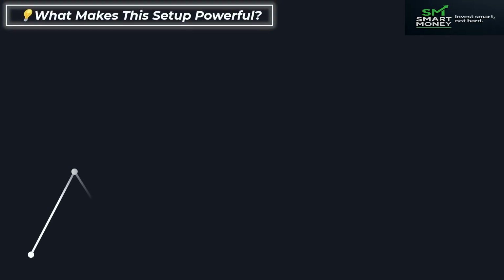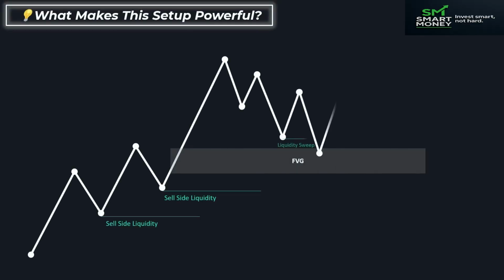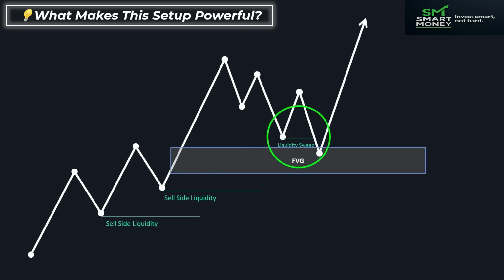The logic behind this setup is simple, but extremely effective. The real edge appears when the market sweeps liquidity and mitigates a fair value gap at the same time. When price takes liquidity near a key level, such as a swing high or swing low, while also filling a fair value gap, it removes two major sources of pressure from the market at once.